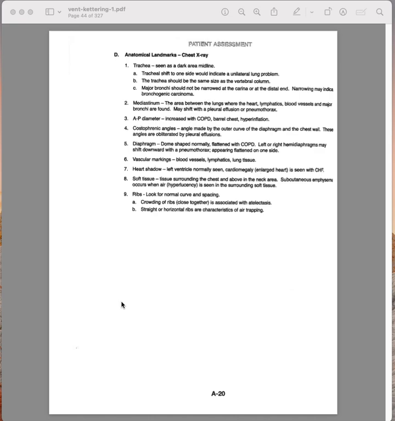2. Mediastinum, the area between the lungs where the heart, lymphatics, blood vessels, and major bronchi are found, may shift with pleural effusion or pneumothorax. AP diameter, increased with COPD, barrel chest, hyperinflation. Costophrenic angles, the angle made by the outer curve of the diaphragm and the chest wall.